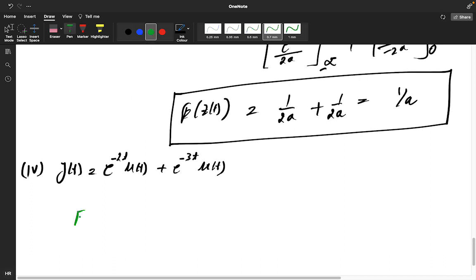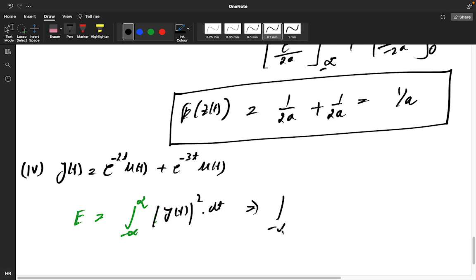Find the energy. So what is the energy formula? Integral from minus infinite to infinite of mod y of t whole square into dt, since you need to find the energy of y of t. So put the y of t value: what will you write?